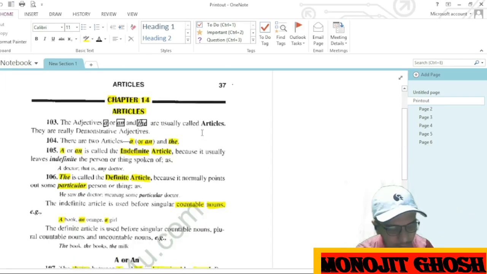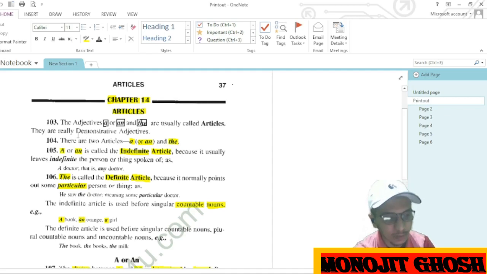So this is chapter number 14, article. In point number 103, the adjectives a or an and the are usually called articles.